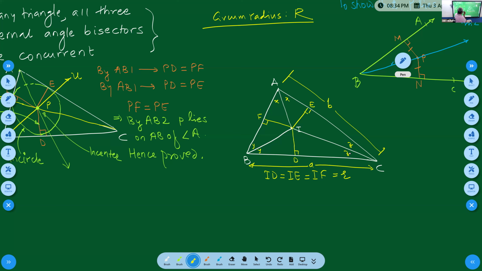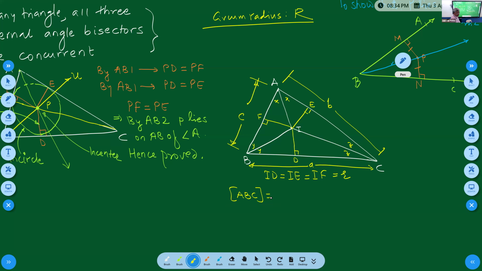Okay, so ID, IE and IF are the inradius we have here, and BC is denoted by small a because it is the side opposite to capital A, small b opposite to capital B, and small c opposite to capital C. So let us find the area of ABC, because now I have some perpendicular distances and some bases with me.